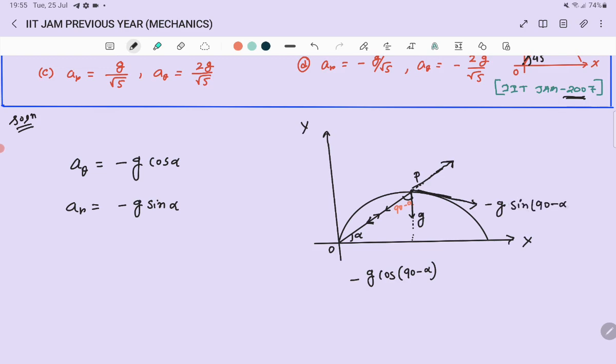Whenever you resolve a vector into two components, they should be 90 degrees to each other. So this is A theta and this is AR.